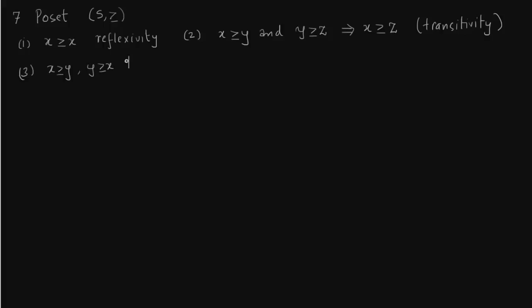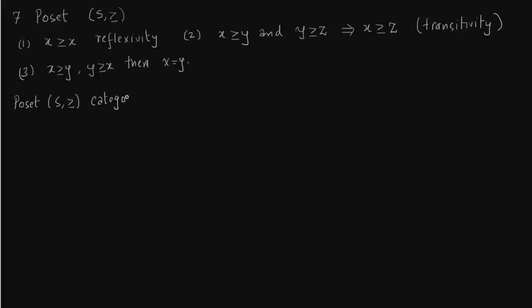So these partially ordered sets with this binary relation, which is the greater or equal to sign, can be interpreted as a category.